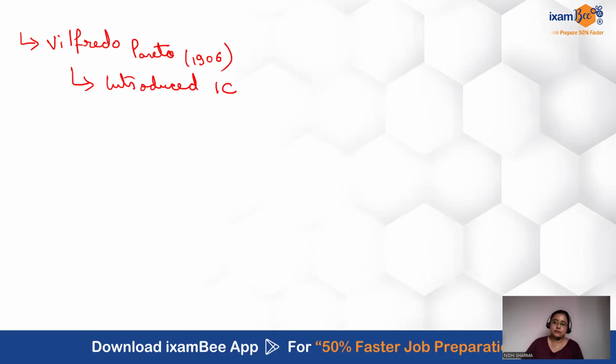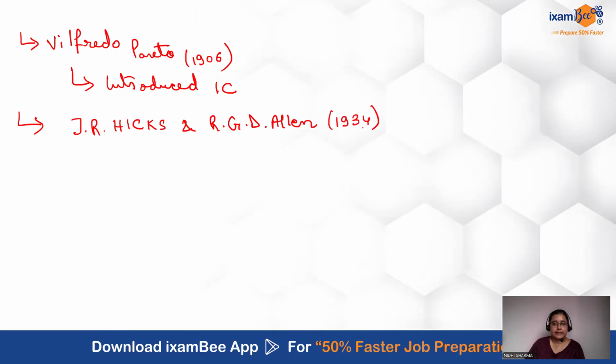Then why do we know that Hicks and Allen's name is associated with the indifference curve? It's because J.R. Hicks and R.G.D. Allen, in 1934, gave that concept of indifference curve a theoretical format.